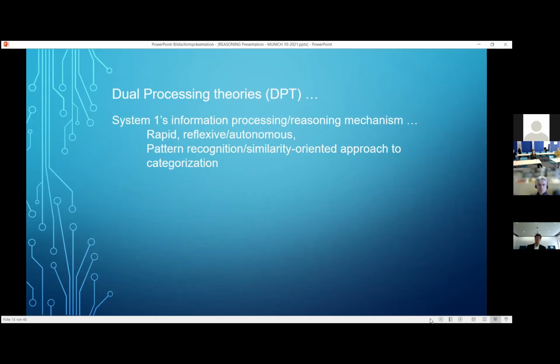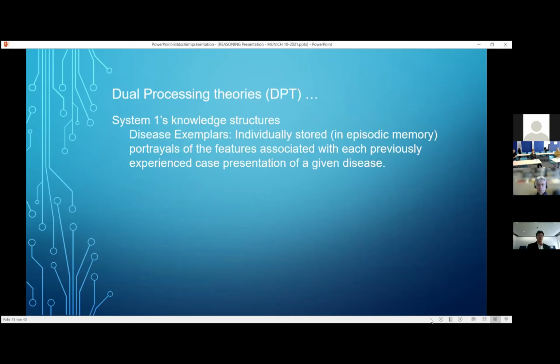System one's information processing reasoning mechanism is rapid and reflexive, autonomous, and we have reason to believe it has something to do with pattern recognition or a similarity-oriented approach to categorization. And the knowledge base that we believe is used by these pattern recognition mechanisms are stored previous examples of given diseases. And those are put into long-term memory, more specifically into what's called episodic memory.